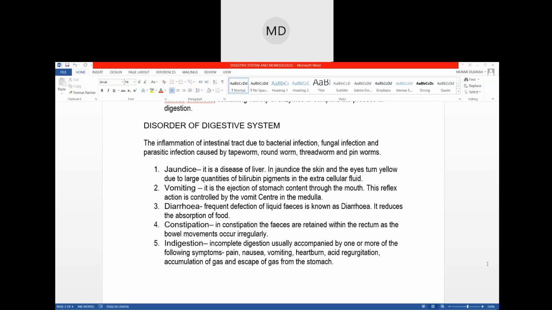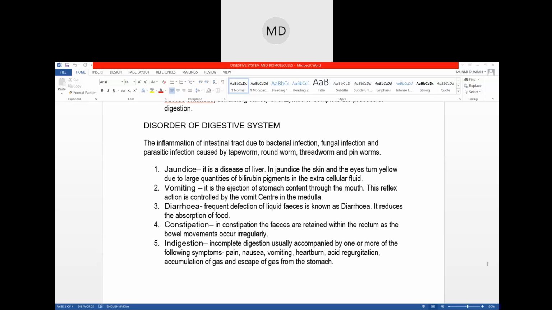And then constipation, it is the opposite of diarrhea. In diarrhea you have to go to the washroom frequently, right? But for constipation, people face problems going to the bathroom, because they have irregular bowel movements. Their feces don't come out.